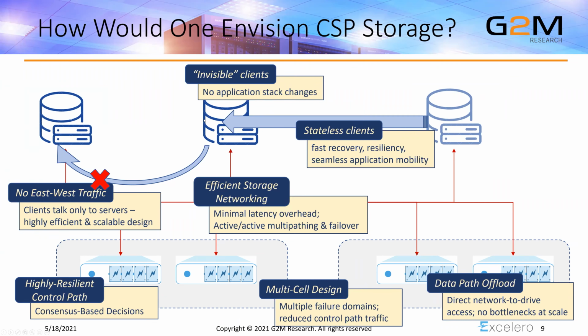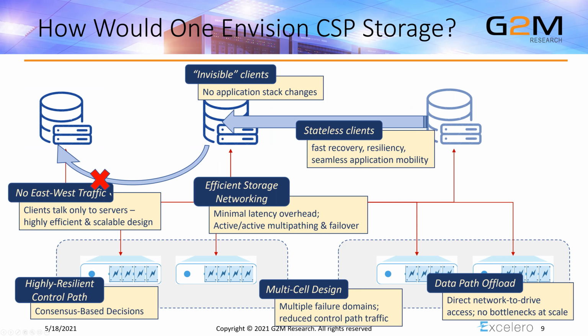So application VMs fail. They fail because underlying hardware fails. They fail because applications fail. So for overall resiliency and application mobility, it's much easier to handle stateless storage clients where all the state is actually stored on the target side.